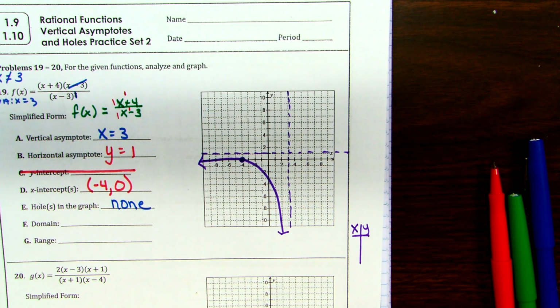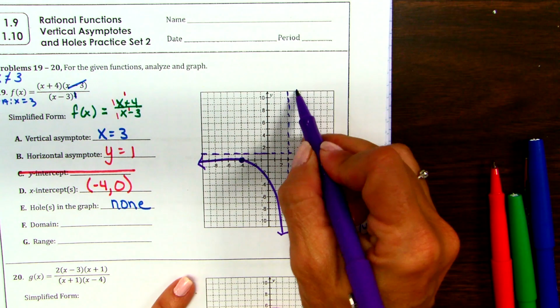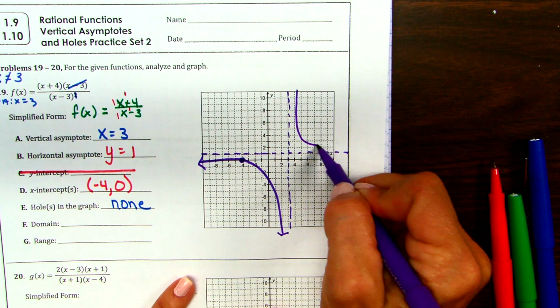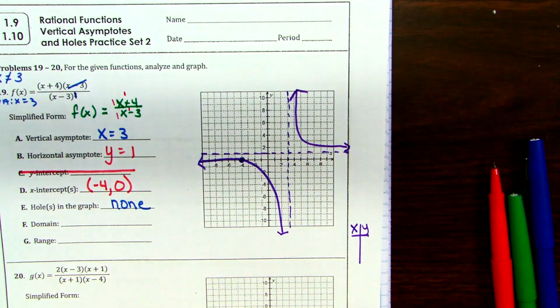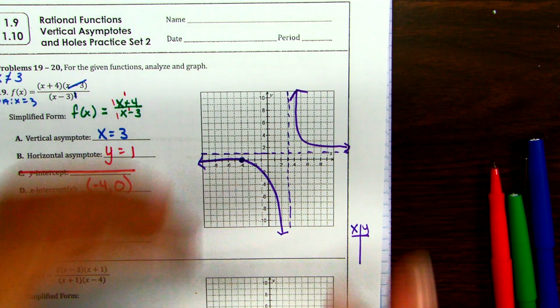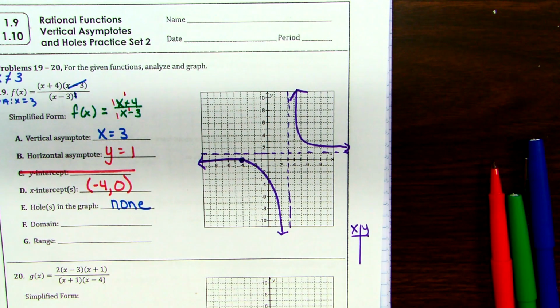We aren't going to worry about that. We're just going to keep it nice and simple and know that there's going to be a branch over here. If you wanted to make this more exact, by all means, go ahead. But I'm keeping it very simple because that's not what this is about. It's about being able to pull information from the graph.